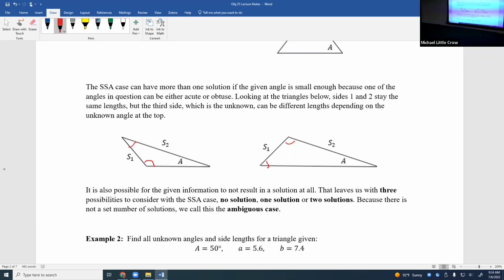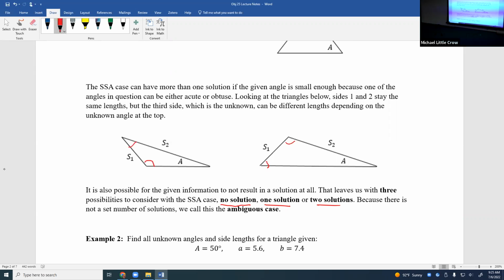The other thing that could happen, we're not always guaranteed to have a solution, because they give us some numbers. If you don't have enough material, you actually can't make a triangle out of something. So there's potential that there could also be no solution. So those are the three things that can happen: one solution, two solutions, or no solutions.